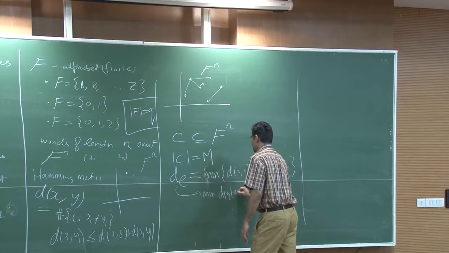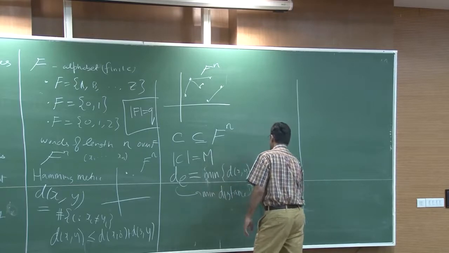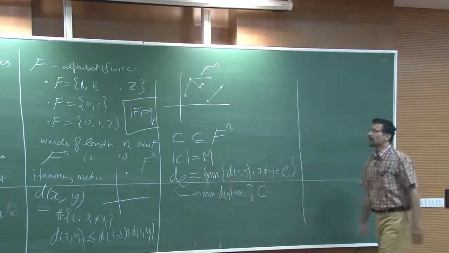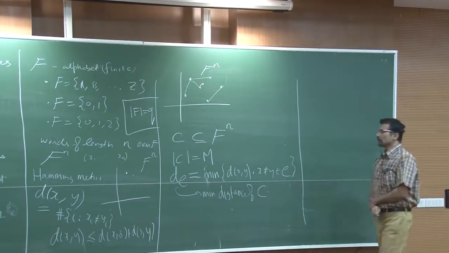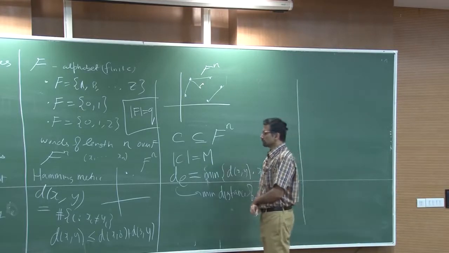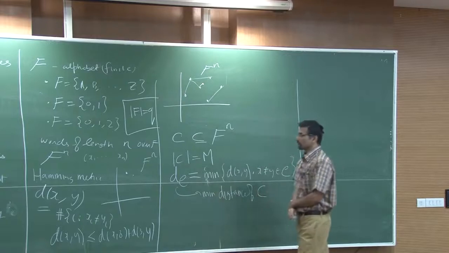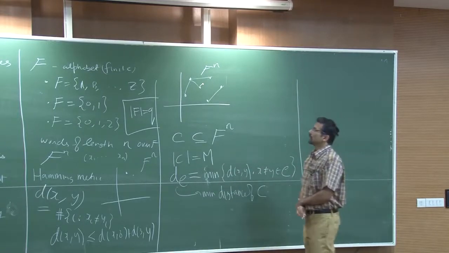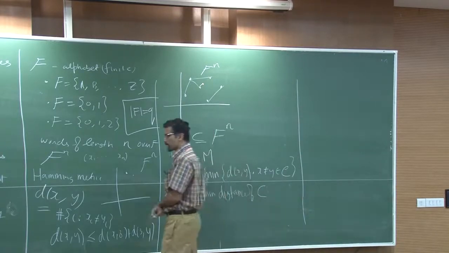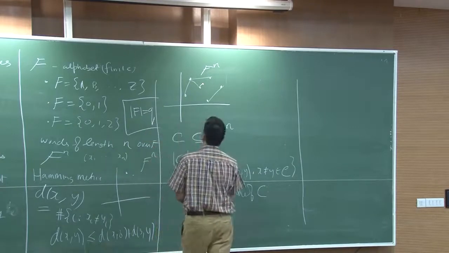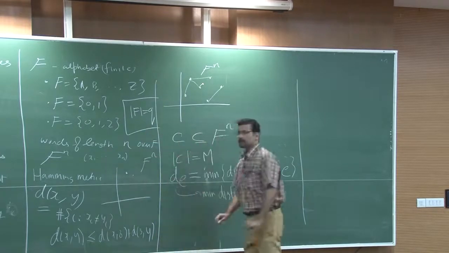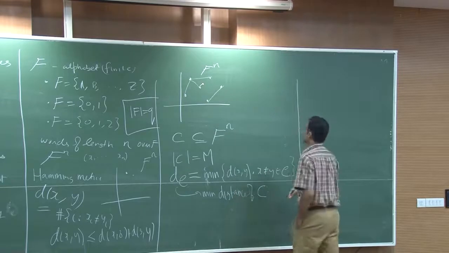It's called the minimum distance of the code. Minimum distance of C. Okay. Now, let us draw. If you have a metric space, what can you talk about? Balls.